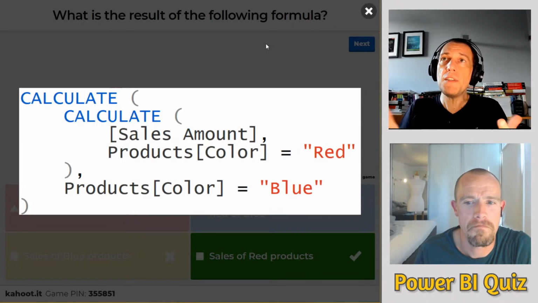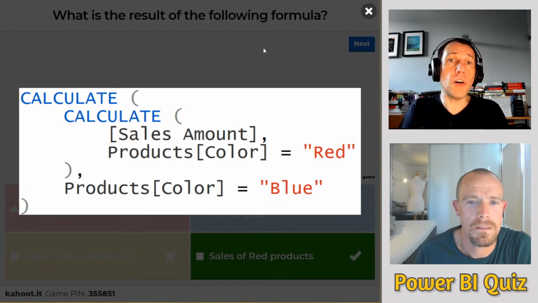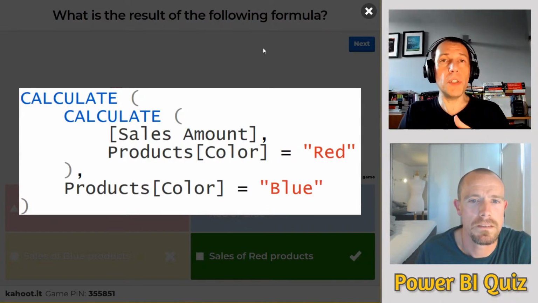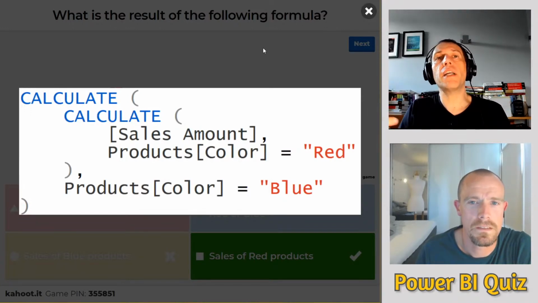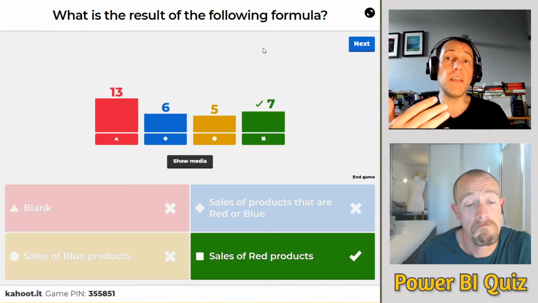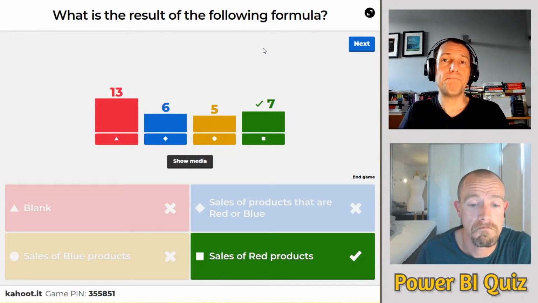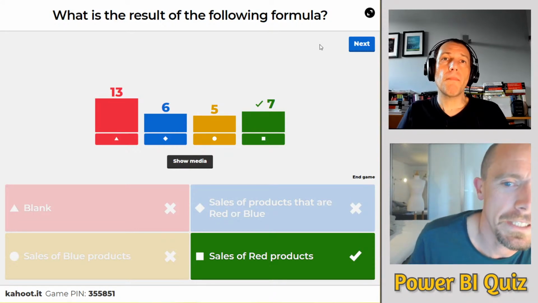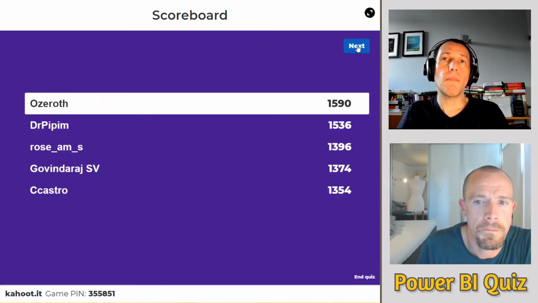Blue is wrong because red overrides blue as a filter, and the sales of products that are red or blue is not the right answer because when you have two filters, by default you have an AND condition, or you have an OR condition in case you had KEEPFILTERS, but this is not the case. Only 7 people answered this one correctly, so let's see who is in the lead now.